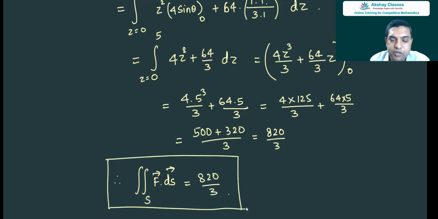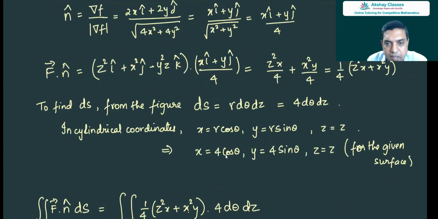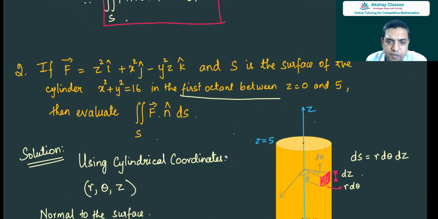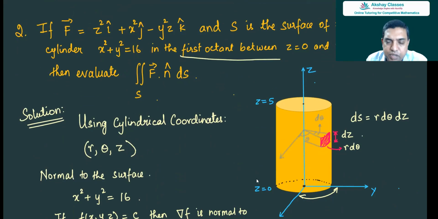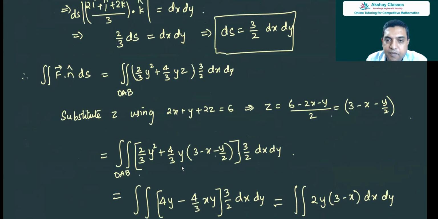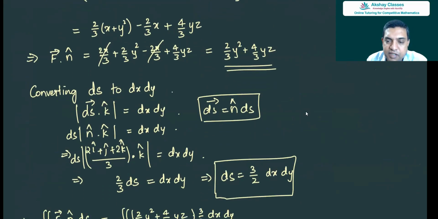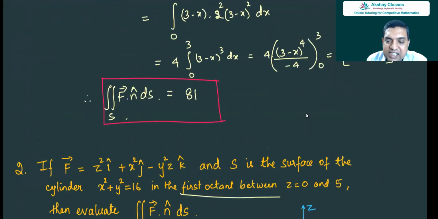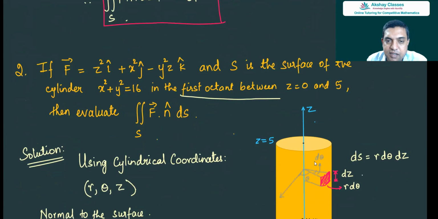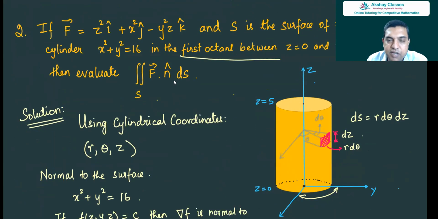820 upon 3 is the value. So this is the required result. So here, again, I'll review a little bit. Here it was a cylindrical surface. Earlier it was a three-dimensional plane, the area of integration, surface integral. Here the function was given, and we need to find the dot product and the area integral.